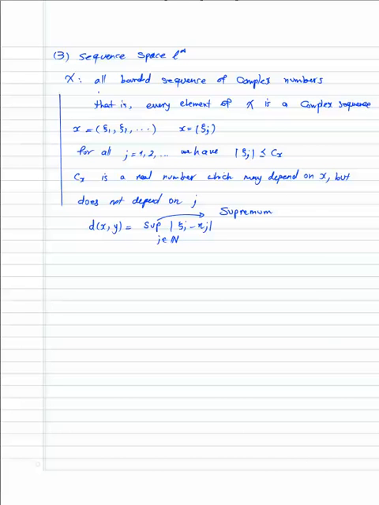This space that I defined is called L infinity. That is called the sequence space. It isn't really difficult to prove that this metric that we have defined on this space is going to satisfy the axioms number 1 and 4.